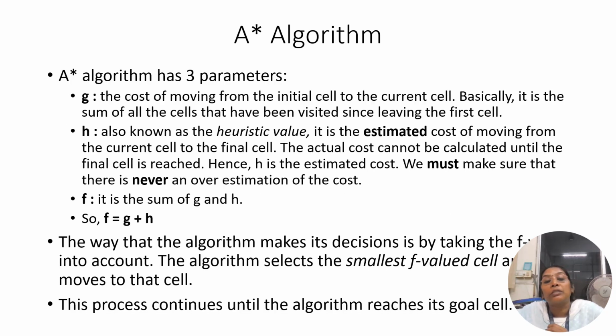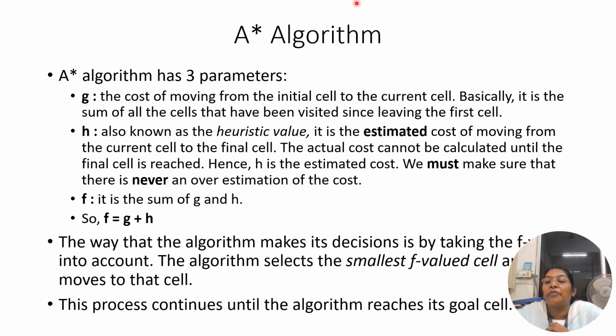How does this A star algorithm work? Basically, A star algorithm progresses from one node to another by evaluating a value called f of n, the possible path value, by using two more values, which are called g of n and h of n.